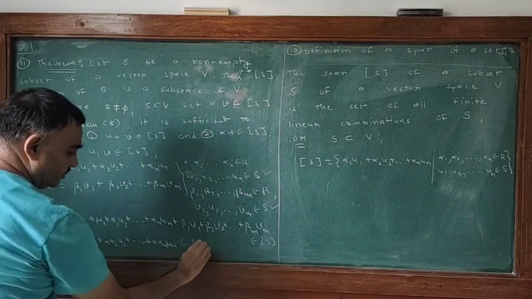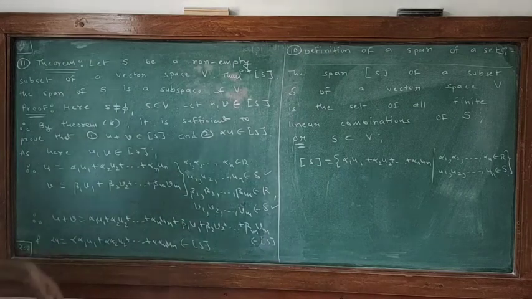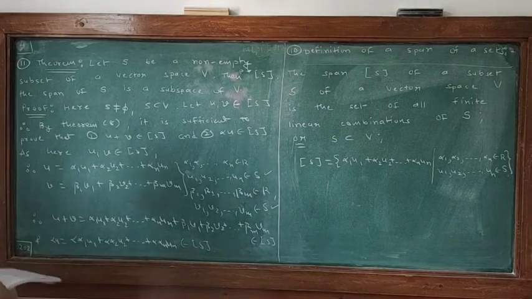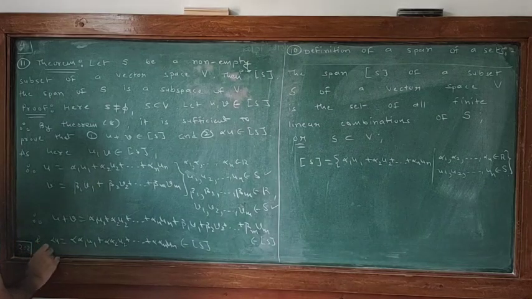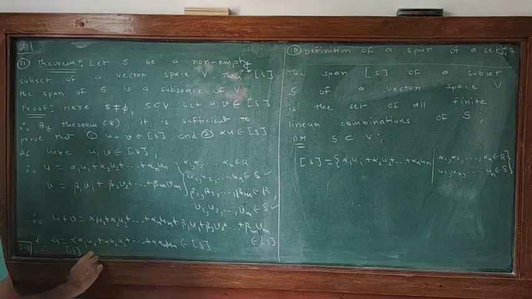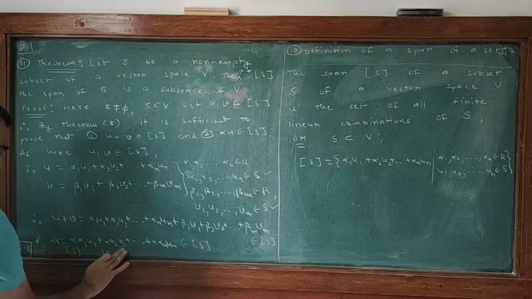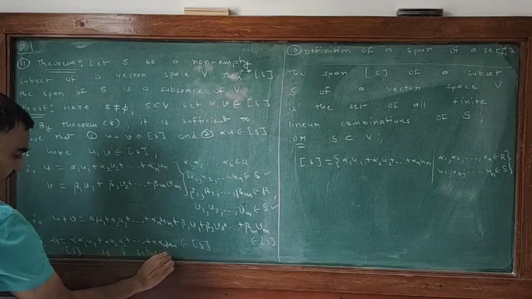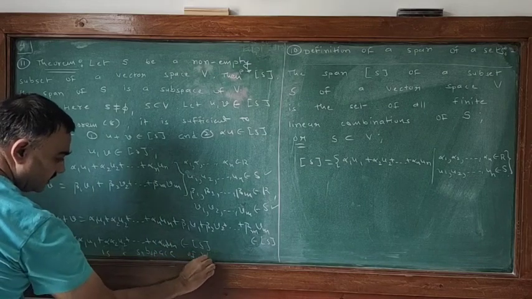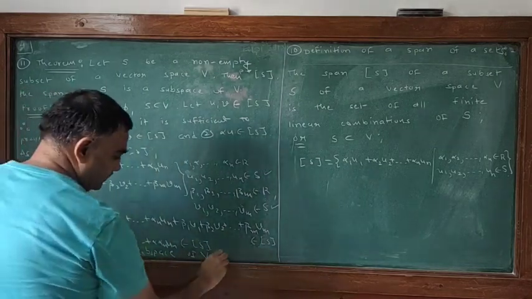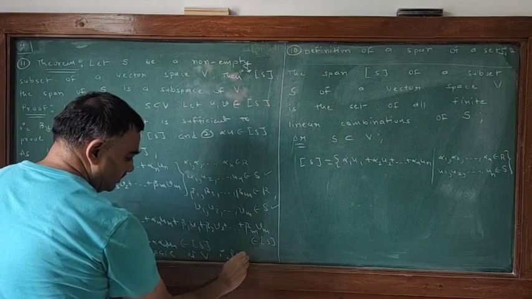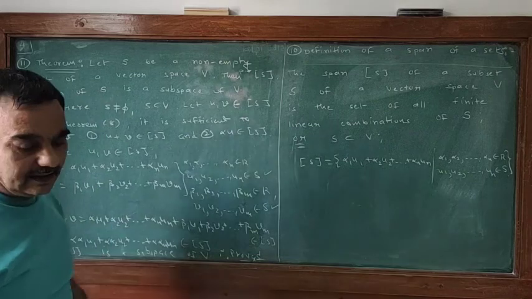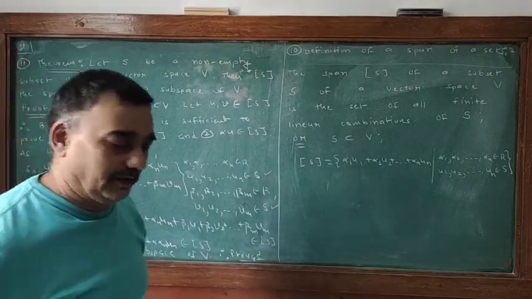Obviously, this belongs to span S. Therefore, by theorem 8, both the conditions are satisfied, and therefore span S is a subspace of V. This theorem is over, but you have to check for a few moments.